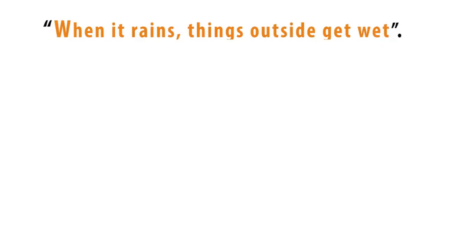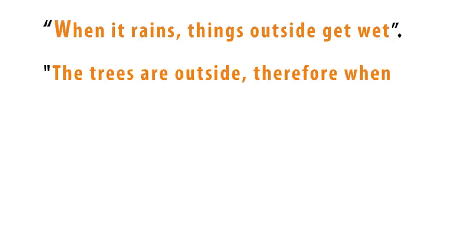Deductive reasoning tries to find out whether the truth of a conclusion can be determined for a rule based solely on the truth of the premise. For instance, when it rains, things outside get wet. The trees are outside.